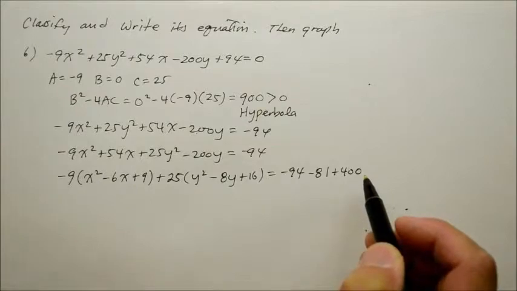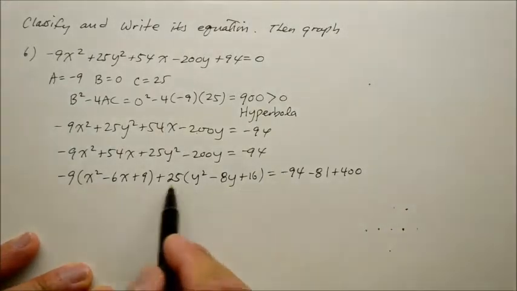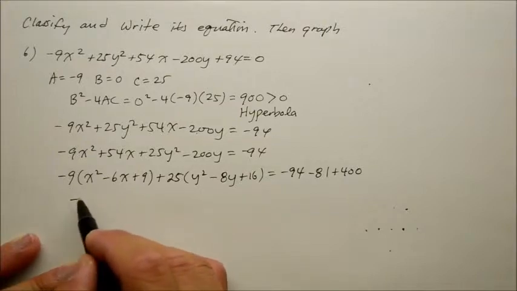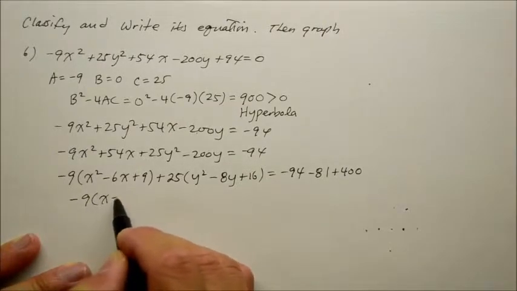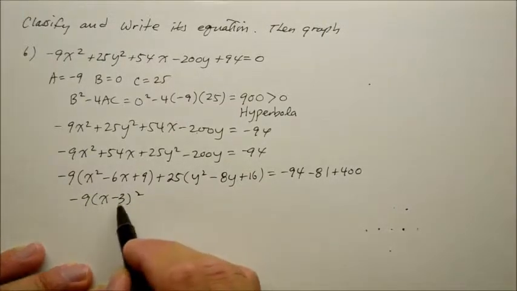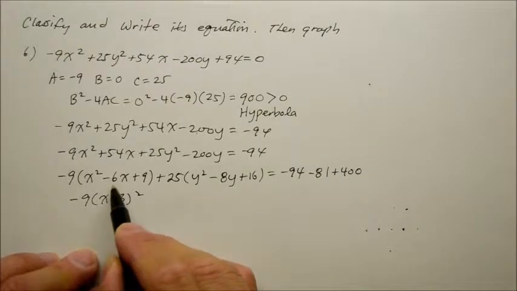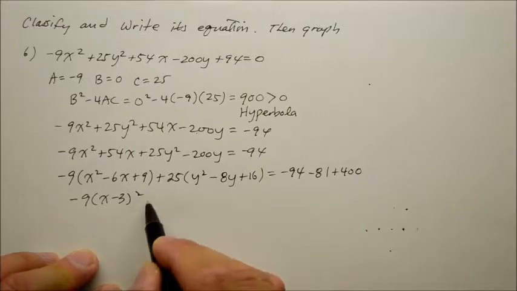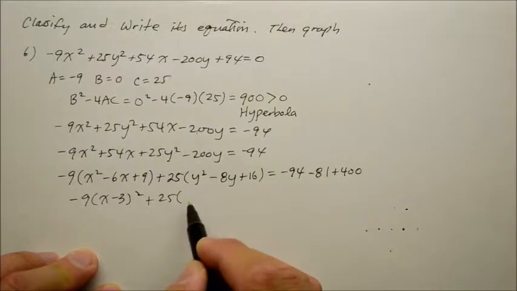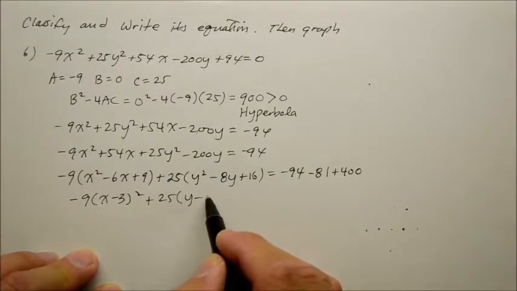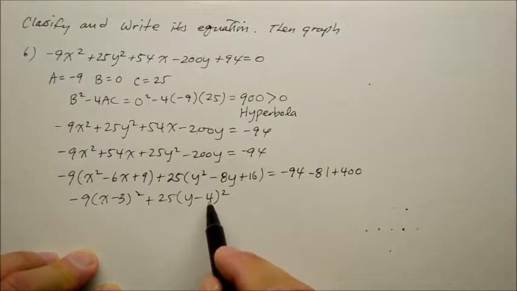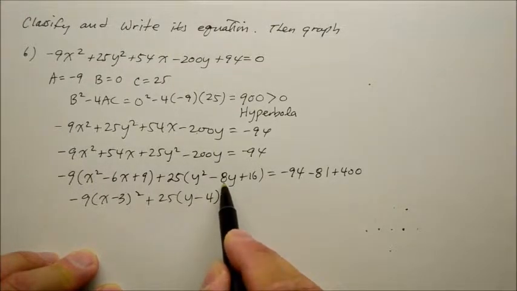Let's clean this up, simplifying the trinomials into a single binomial. We get -9 times x minus 3 squared, because -3 and -3, when you combine them, is -6. -3 times -3 is 9. Plus 25 times y minus 4 squared, because negative 4, when you add them, becomes negative 8.